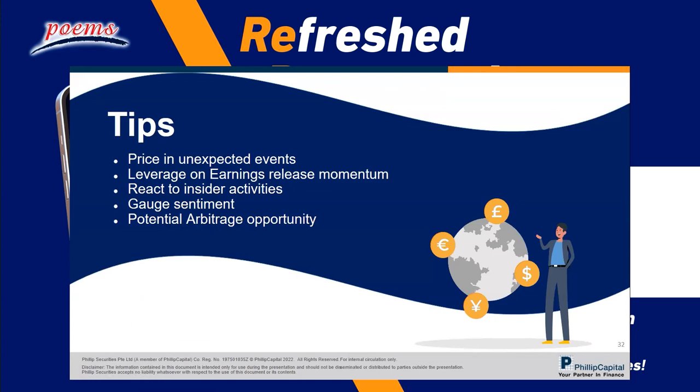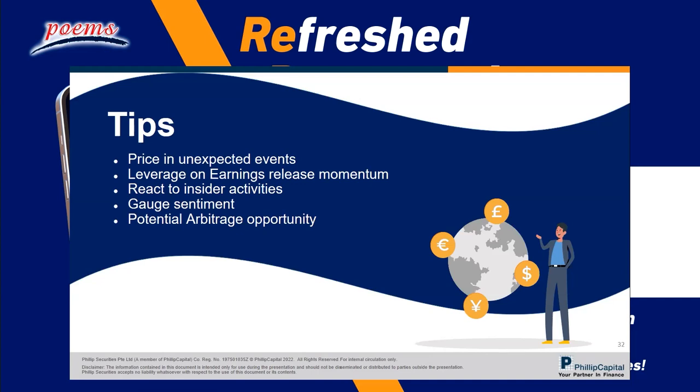So the US Asian hour benefits in that it prices in unexpected events, and also leverages the earnings release momentum, because usually US stocks tend to release earnings after the market close of the day. So you can sell early, or maybe buy early, before the US pre-market even started.